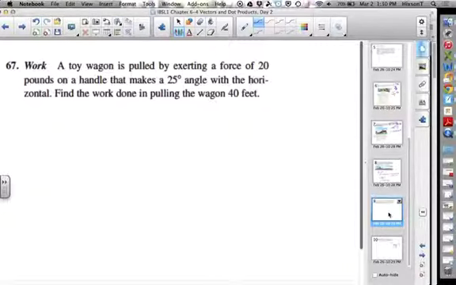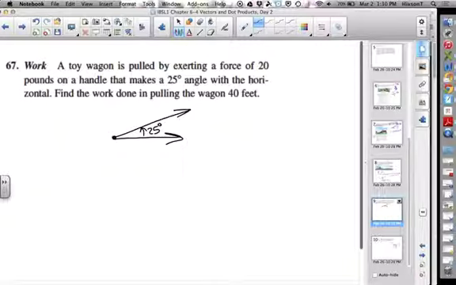We've got a wagon, and it's getting pulled this way, but the handle is going this way at an angle of 25 degrees. Well, draw it so your angle's in standard position, and you can just use this formula as it is.